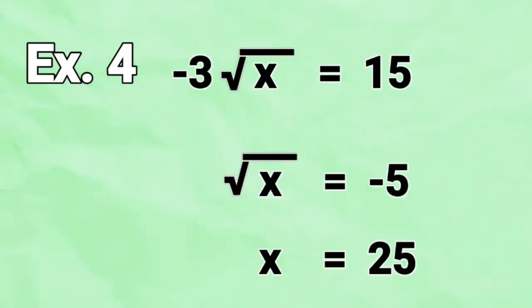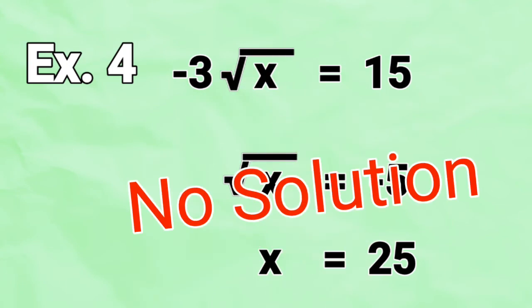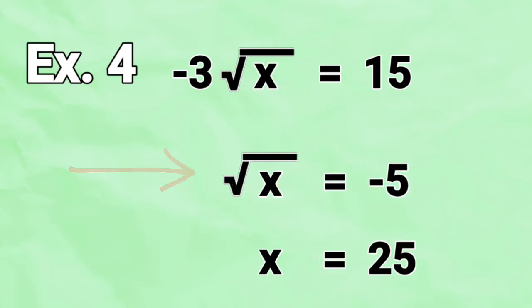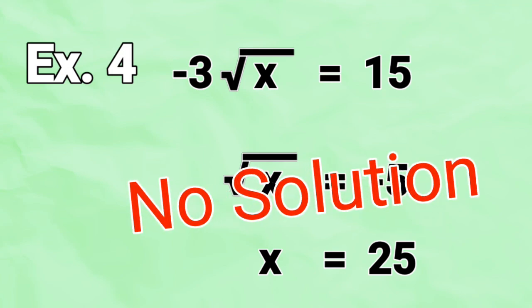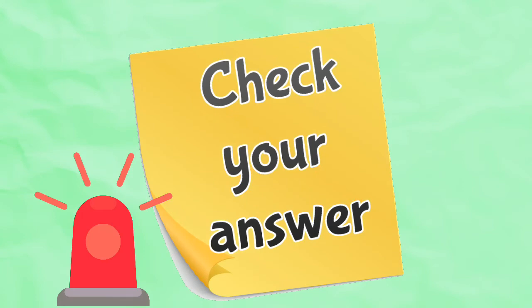So after we check over our work and make sure there are no mistakes, we can conclude this equation has no solution. You might have noticed at this step that something was off because the square root of something can never equal a negative. So because radical equations sometimes have no solution, you always need to check your answer.